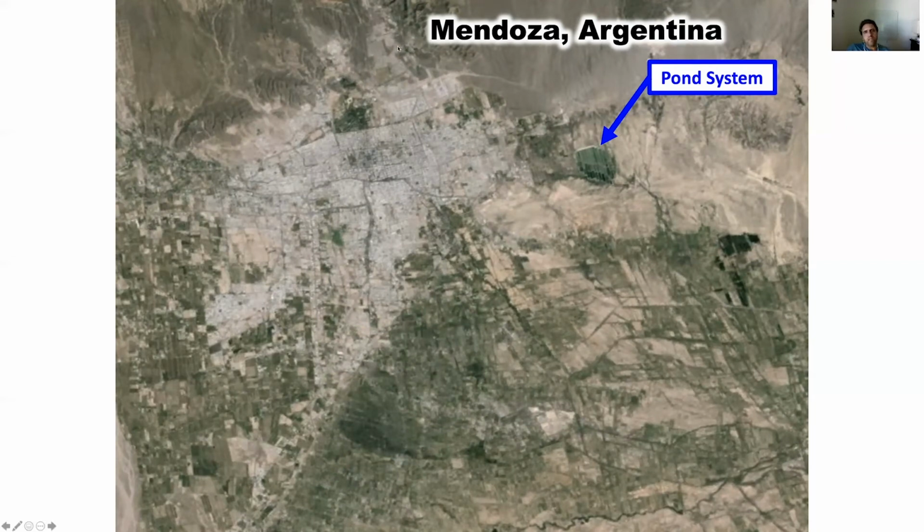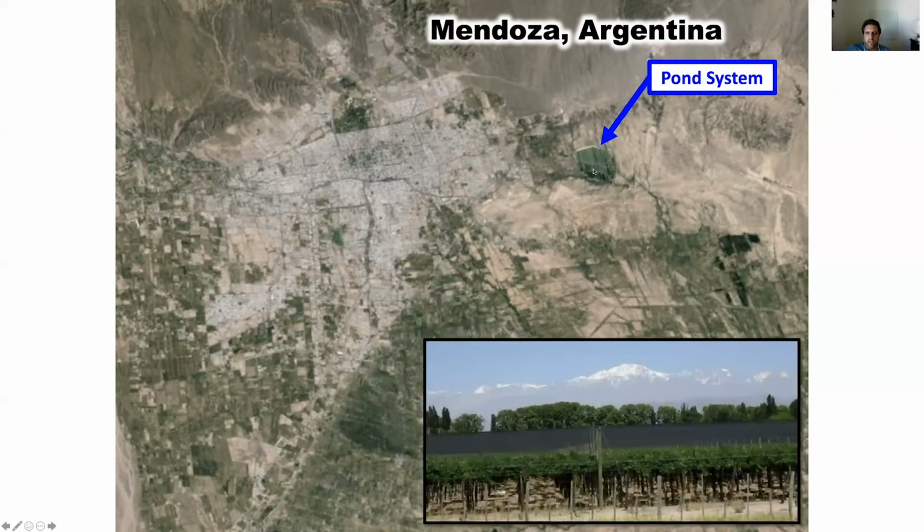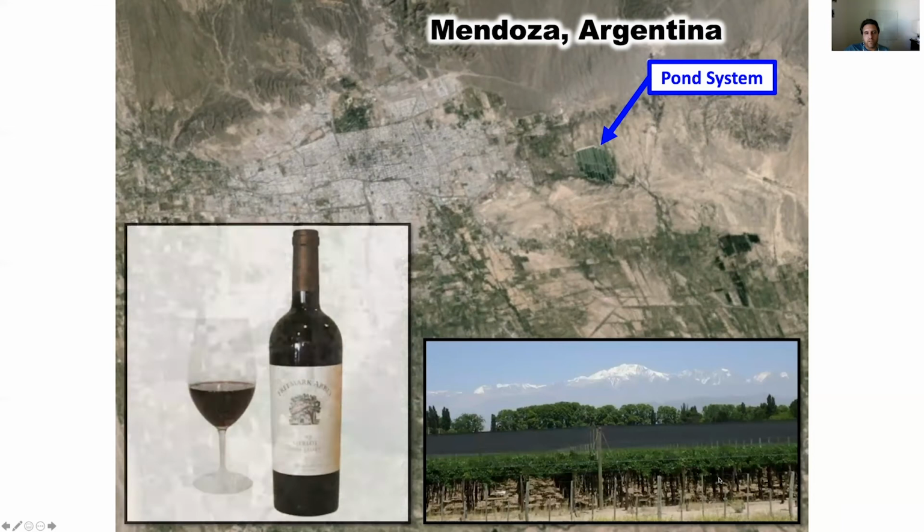Here's a good example that I like to show in Argentina. So this is the city of Mendoza, which has a series of pond systems used to treat some of the wastewater from the urban center, and you can see they located it fairly far away from the urban center, so you still have it away from the population. But the effluent here is being reused to irrigate grapevines that are used for wine production.